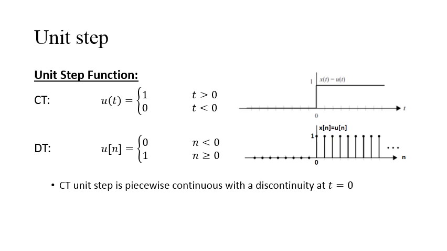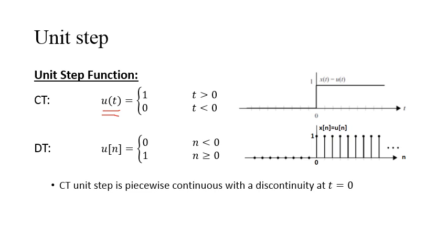So now let's start the basic signals we have put in the first slide, and we discuss them here. So the first signal we are going to discuss is the unit step signal or unit step function, which is defined as in continuous time case, which is denoted by u of t, and it is equal to 1 for t greater than 0, and it is equal to 0 for t less than 0, right?